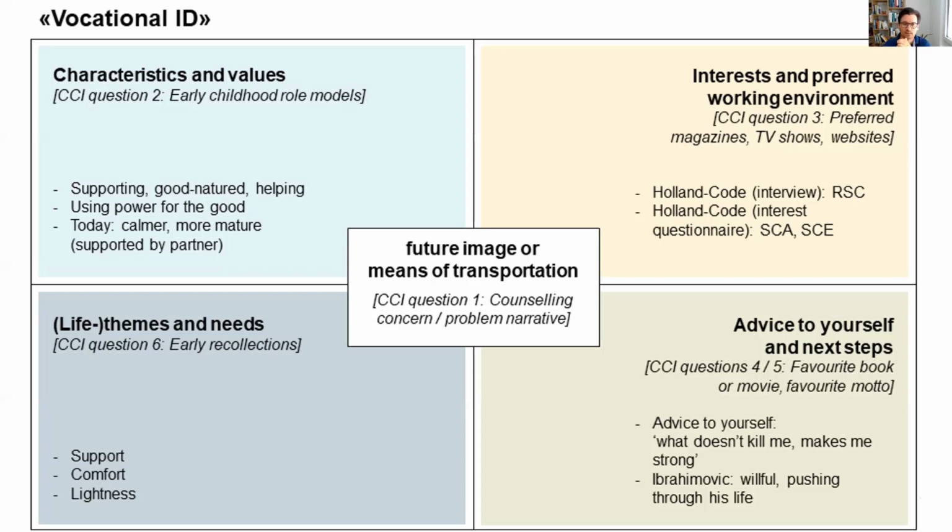So it's Chris's case, and I just briefly tell you what his answers have been to the different questions of the CCI. Some information about Chris. He is a 39-year-old former professional athlete, and he immigrated to Switzerland from ex-Yugoslavia as a child.